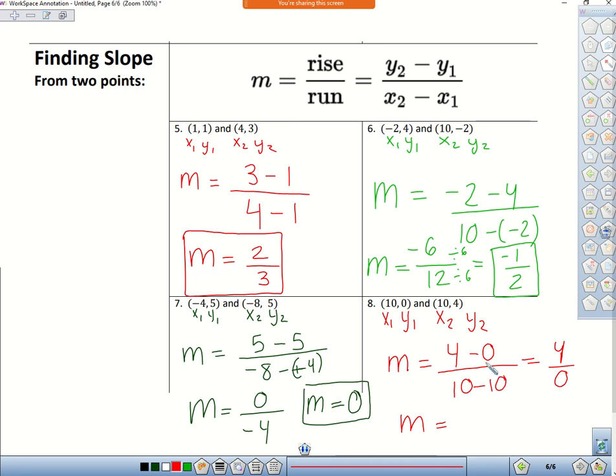So anybody have a guess on what we would call this slope? Undefined. So if you have 0 in the denominator, in math we call this undefined. Because you can't divide by 0. Exactly. It's okay to divide into 0. We can take 0 and divide it into multiple things, but we can't take something and divide it by nothing. So we say undefined. Any questions about that?